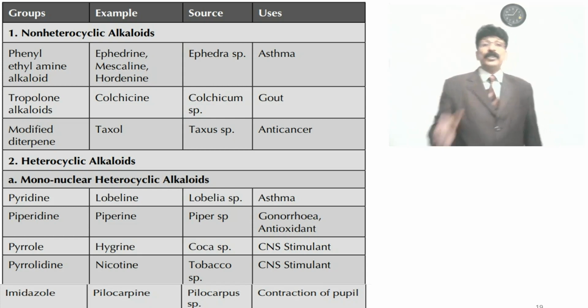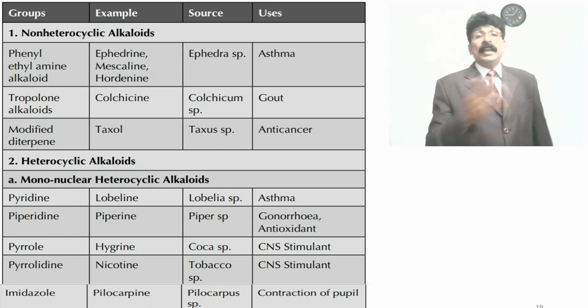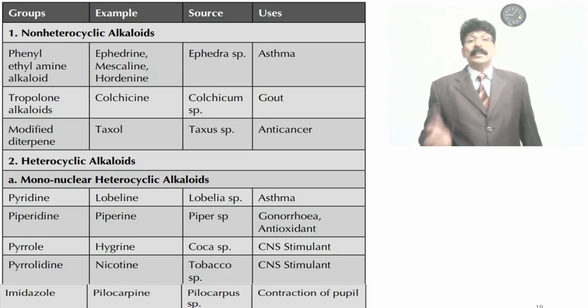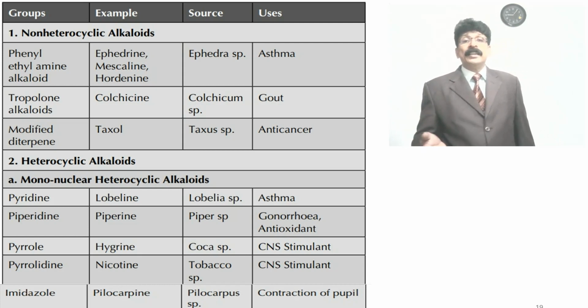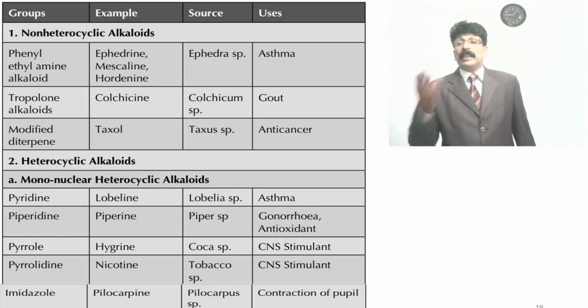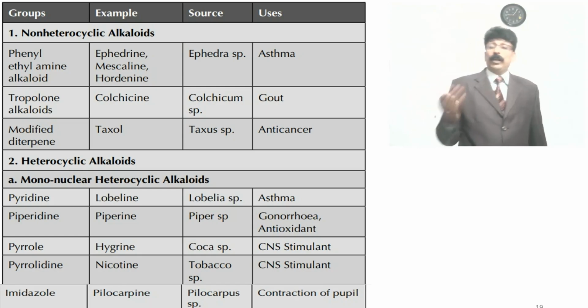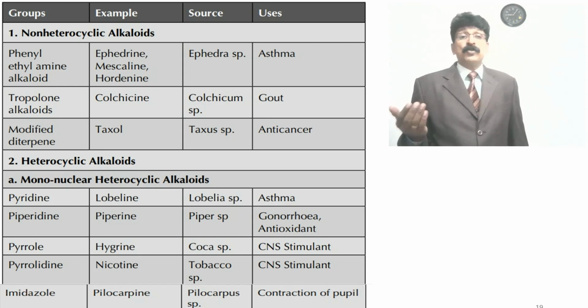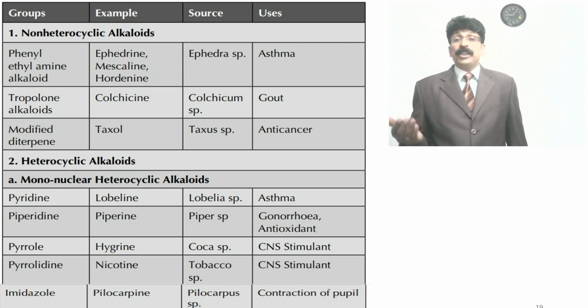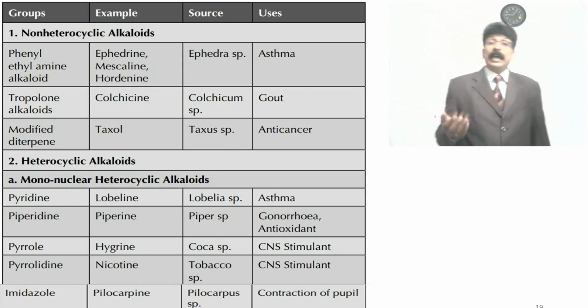You can see phenylethylamine, examples ephedrine, mescaline, hordenine, Ephedra species, which is used for asthma. So you should know the pharmacological use, very important for the Pharm.D students. Tropolone alkaloids, colchicine, Colchicum species, used for gout. Modified diterpene, taxol, Taxus species, anti-cancer drug.